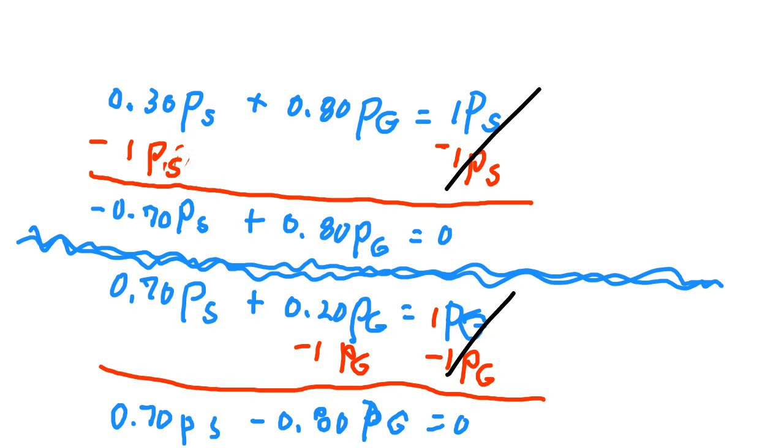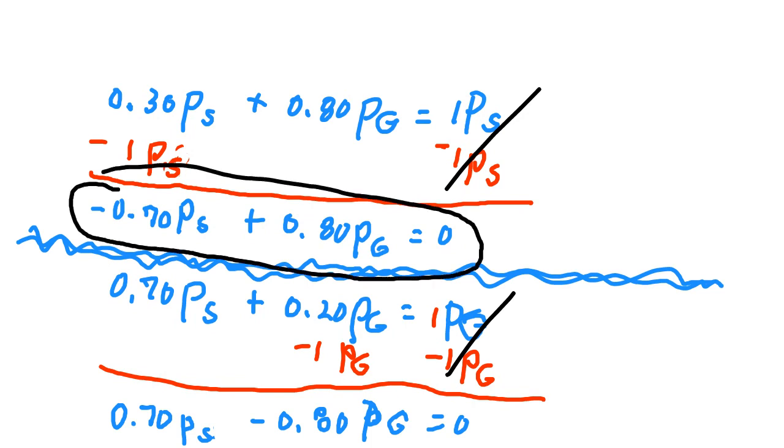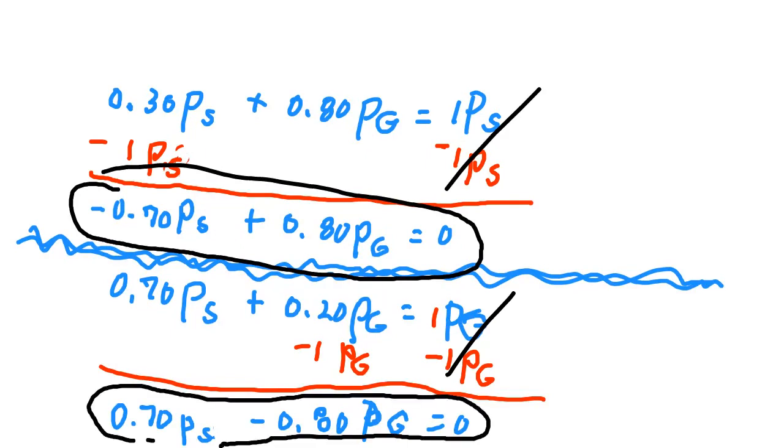So what we're doing is creating a homogeneous system in economics here. And now these are the two equations we're going to work with. This one and that one.